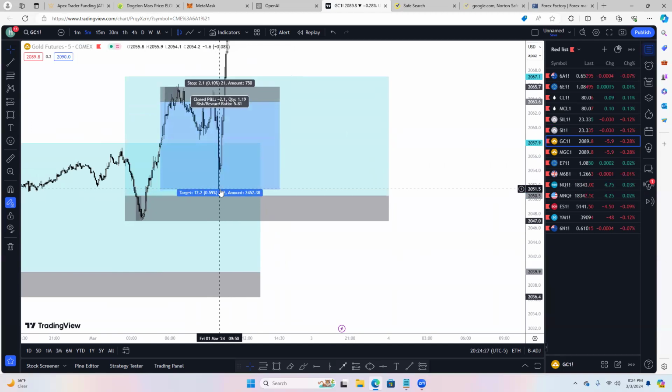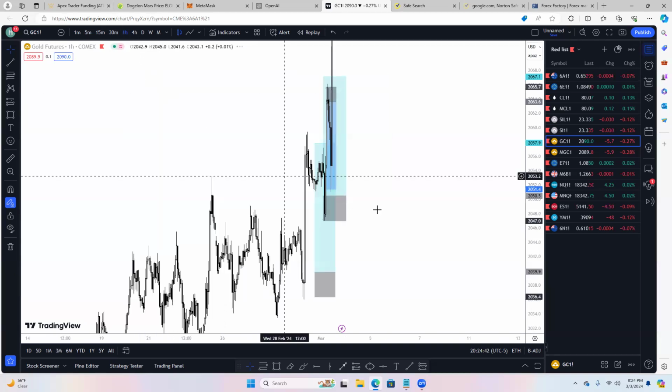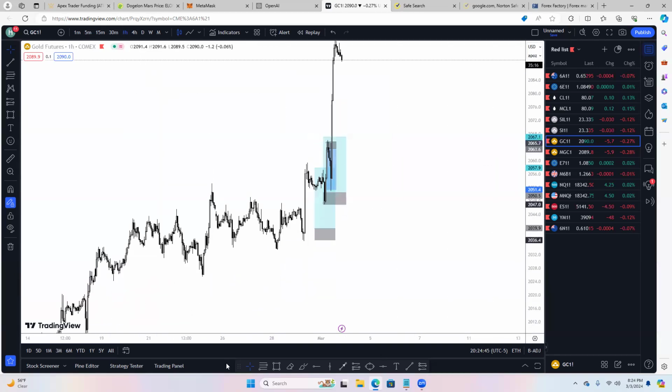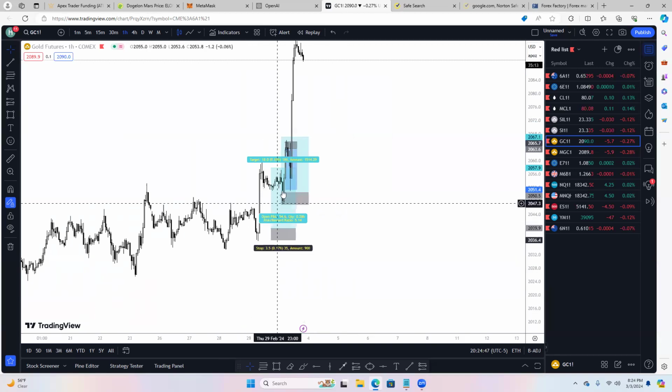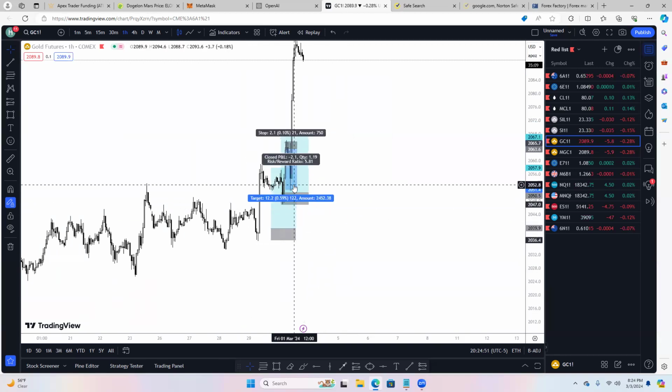I was in Bethesda at the dealership, and I looked at my phone. It hit TP and took me out of my order. I had a buy limit right here on the 1 hour, but I didn't have it on the full candle of the 1 hour. I had it just right here because I didn't want to risk the full candle.